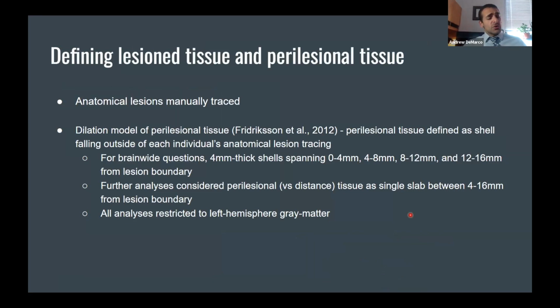As I alluded to earlier, one of the challenges of this kind of work is that it's easy to talk about perilesional tissue, but perilesional tissue is actually different for every patient after the stroke. So we have a bit of a methodological flourish here to try to capture that. The way we're defining tissue is, first, in every patient, we trace out the anatomical lesion based on their MP-RAGE, which is a typical procedure.